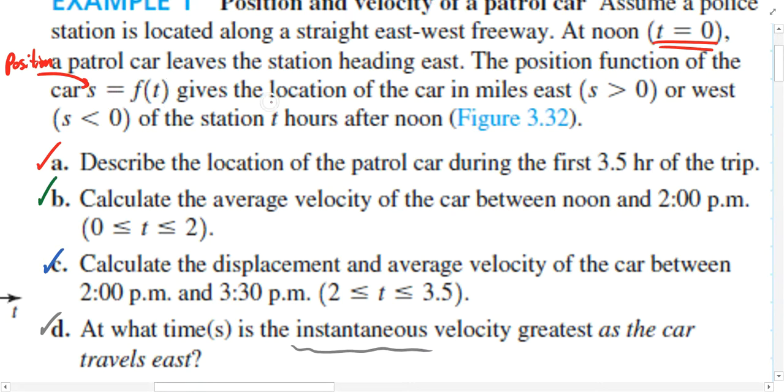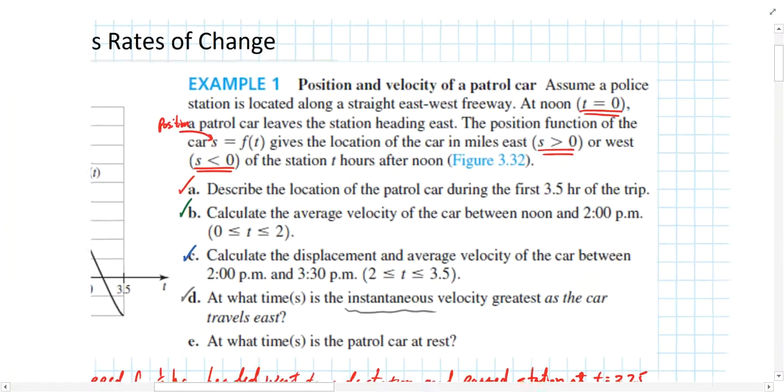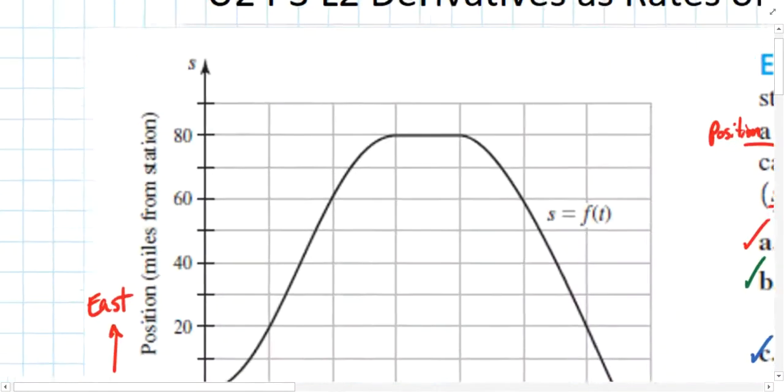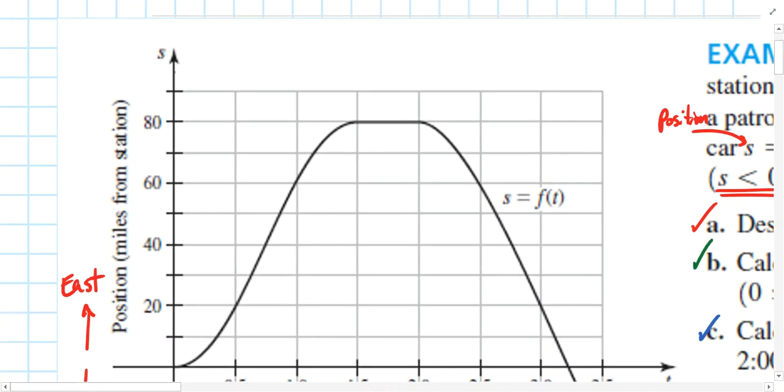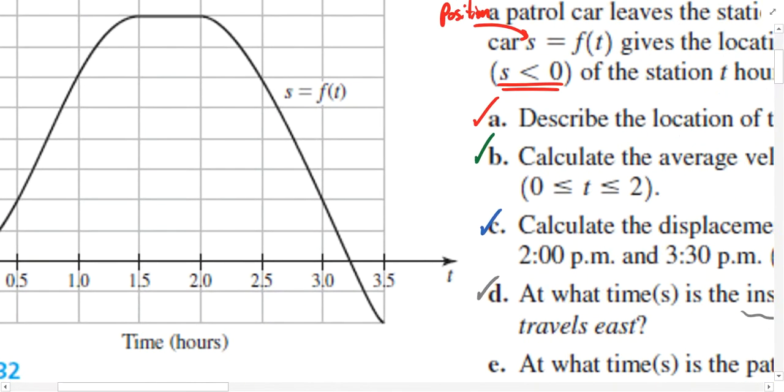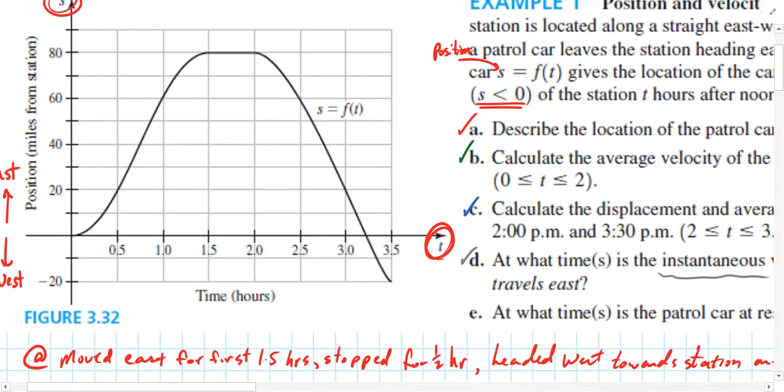That function gives the location of the car in miles east or west of the station. So again, we're saying s greater than 0 or less than 0 to indicate east or west. And to clarify things, the y-axis is now going to be considered our s-axis because s is our position, and our x-axis is going to be considered our t-axis because t is our independent variable.